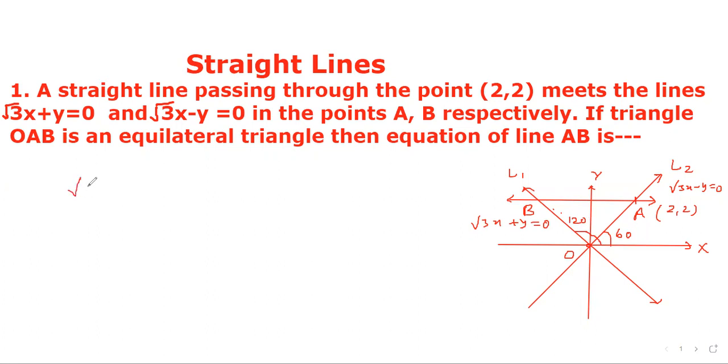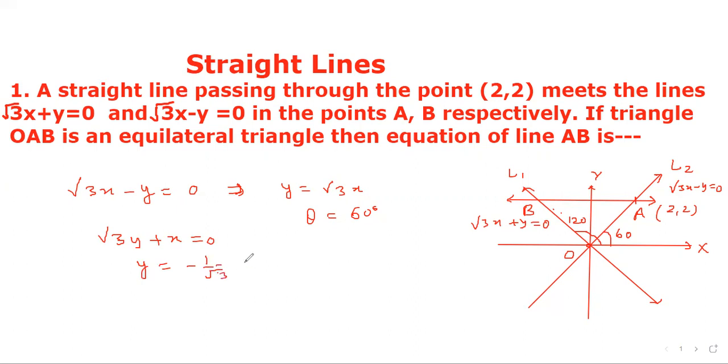That is, root 3x minus y equal to 0 gives y equal to root 3x, where theta is 60 degrees, and the second line root 3y plus x equal to 0 will give y equal to minus 1 upon root 3 x, here theta equals 120 degrees.